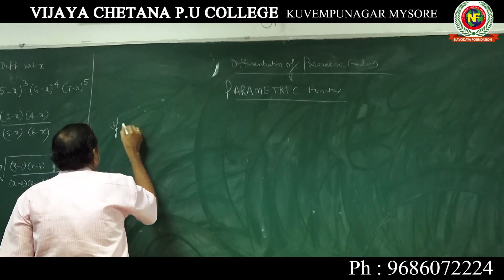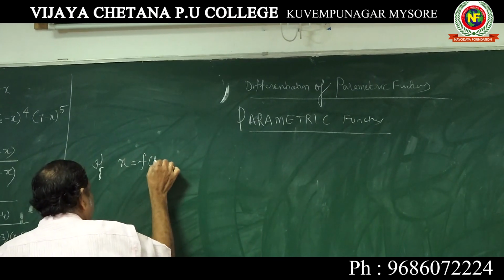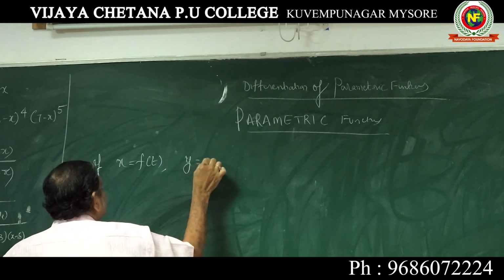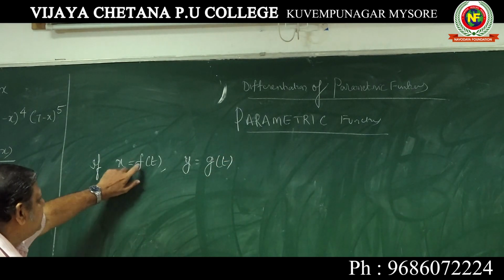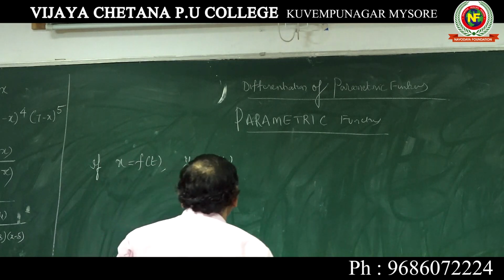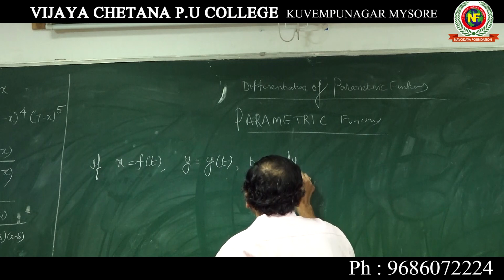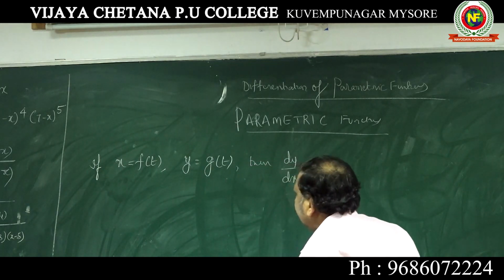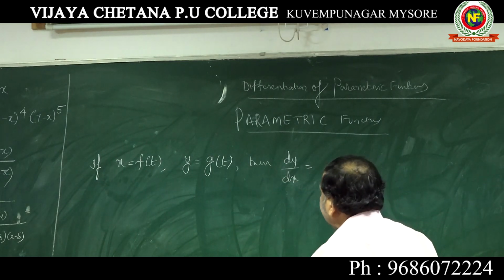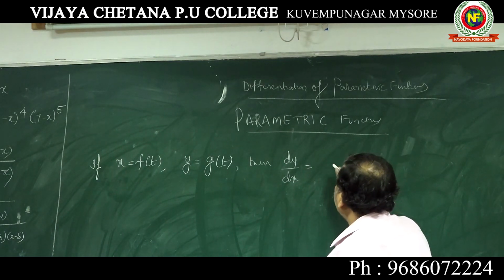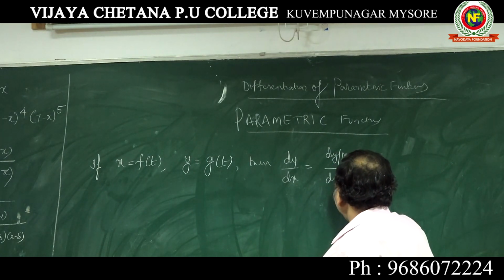If x is equal to f of t, y is equal to g of t, that means x is a function of variable t, y is a function of g of t, then dy by dx is equal to dy by dt divided by dx by dt.